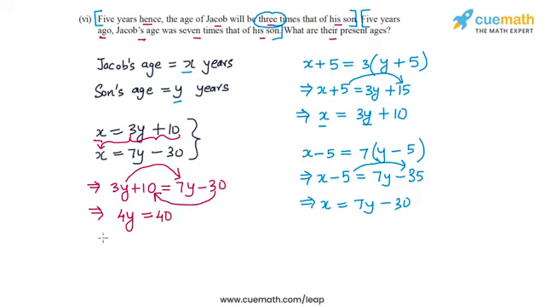So 4y is equal to 40, or y is equal to 40 by 4, or 10. So y is 10, and then from any of these two equations we can find the value of x. So let's use the first equation. So x is equal to 3y plus 10, or 30 plus 10, or 40. So x is equal to 40 and y is equal to 10.